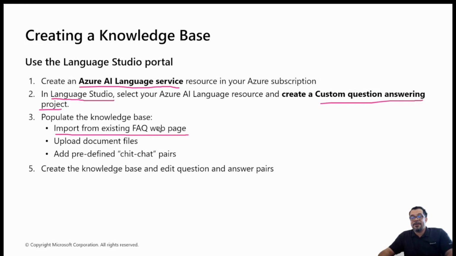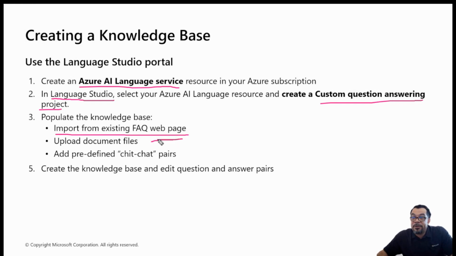In this case, a frequently asked question web page. So let's say I'm an airline and I've got an FAQ page. I can point my Q&A service to that FAQ page, analyze it, index it, and then provide answers from that page. So it's very useful whether you're creating something new or you have existing FAQ pages. Most organizations already have an FAQ page, so this makes it very easy.